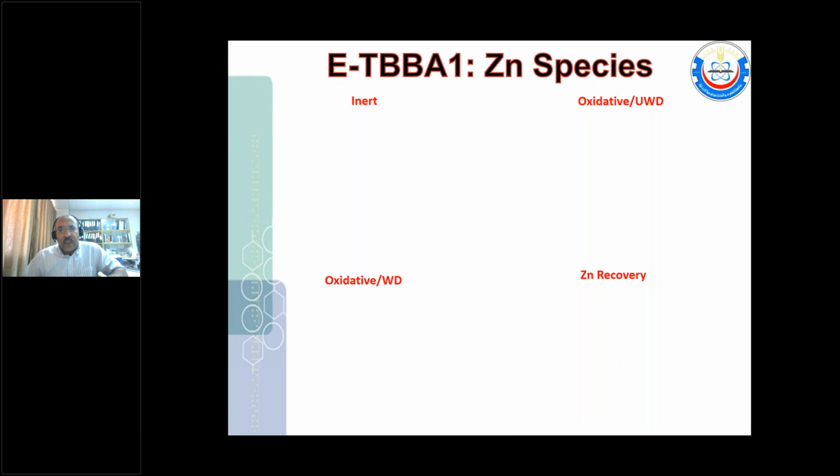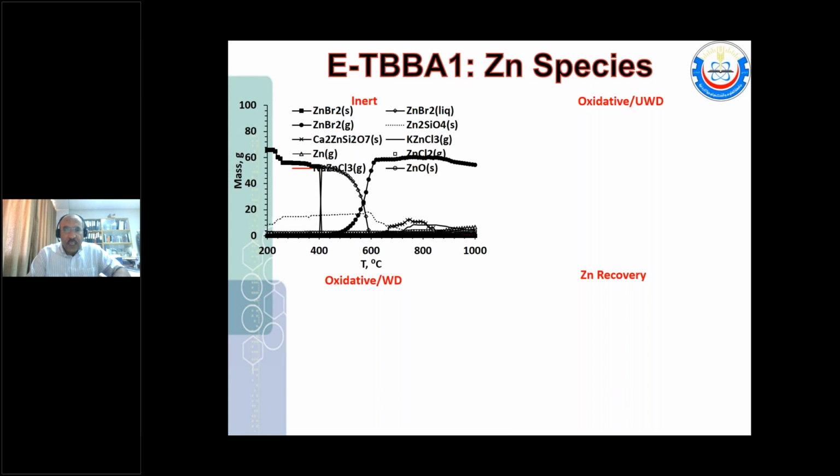Then we looked at them when the environment is oxidative in presence of oxygen, but not washed, oxidative condition, washed dust, and finally showing the recovery of the species. And here we can see an example. Here the inert conditions, we can see that this data is collected from the software. As a function of temperature, we vary the temperature from 200 to 1000 degrees, and we can follow several species that are formed during this treatment.